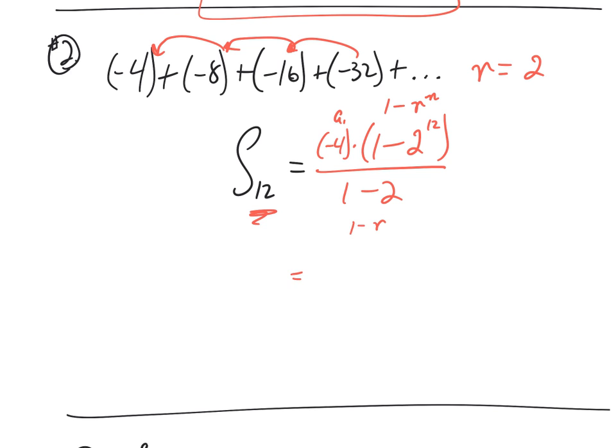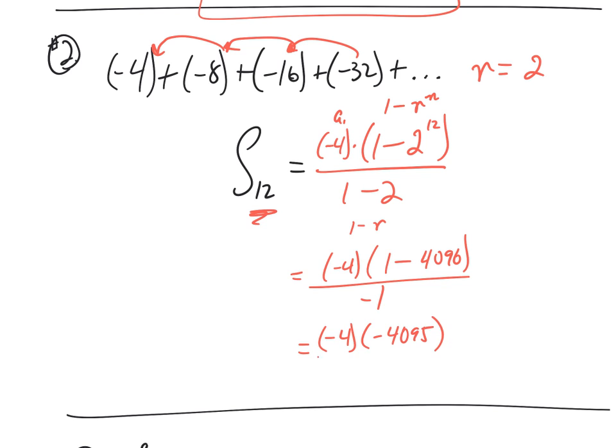Okay, again, parentheses first. Inside the parentheses, do the exponent. So 2 raised to the 12th power is 4,096. May as well subtract down in the denominator there. 1 minus 2 is negative 1. Then subtract inside the parentheses. 1 minus 4,096 is negative 4,095.